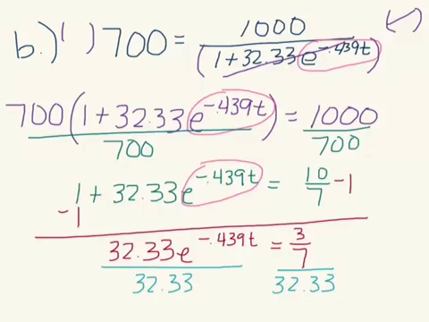All right, I'm going to add a slide. So I have e to the negative 0.439t equals, I went to 5 decimal places here, 0.01326.